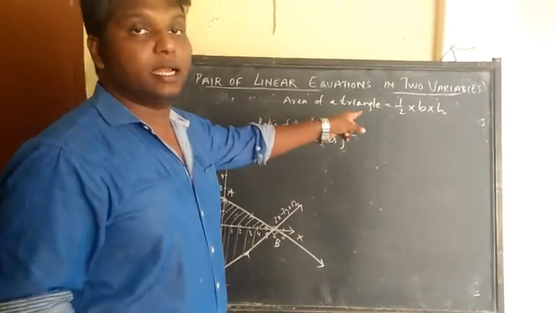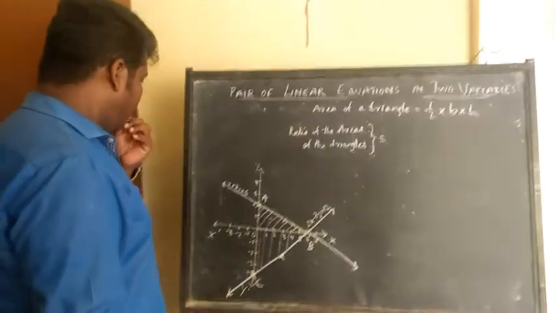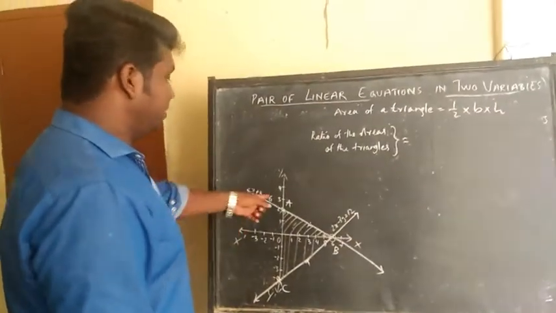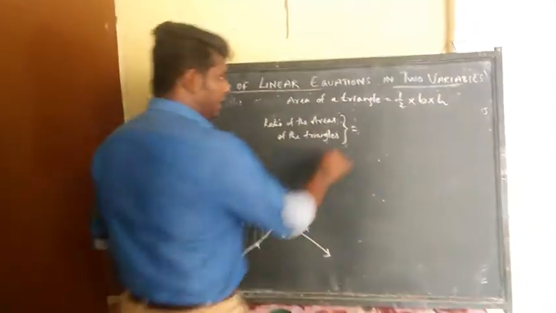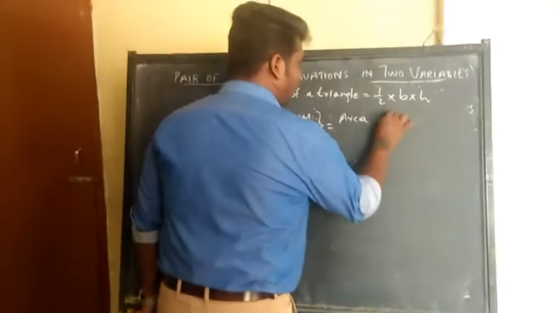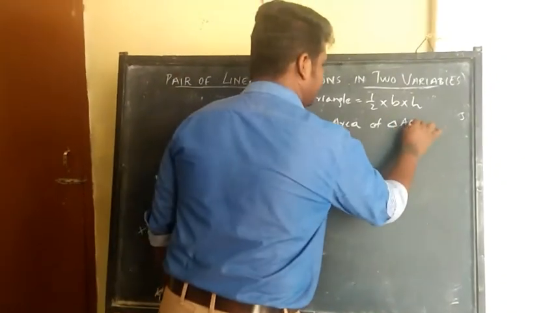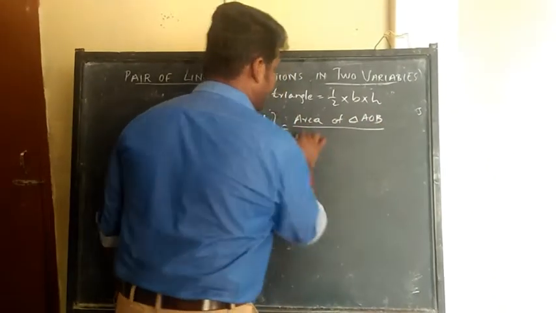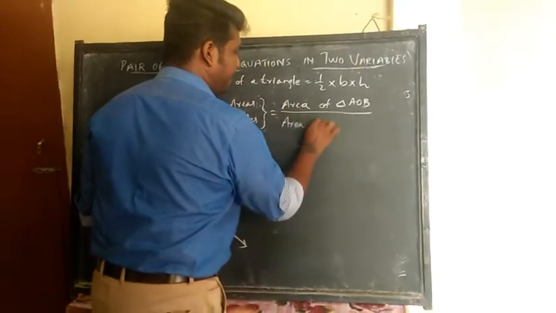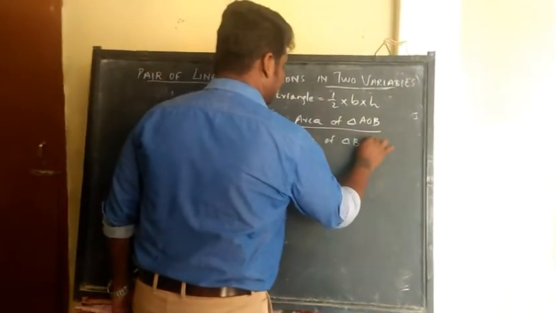So here we already know the area of the triangle is half into base into height. So see here, the ratio of the areas of the triangles, that means area of triangle AOB divided by area of triangle BOC.